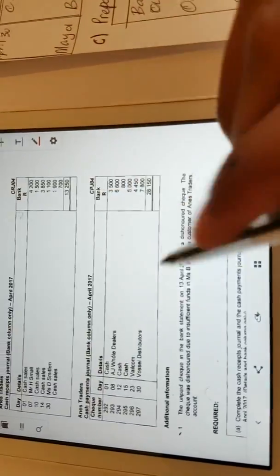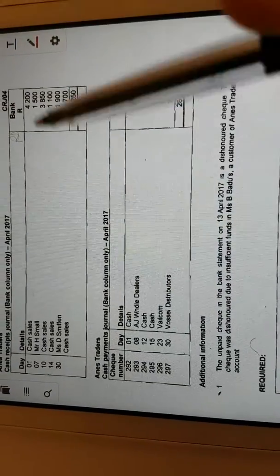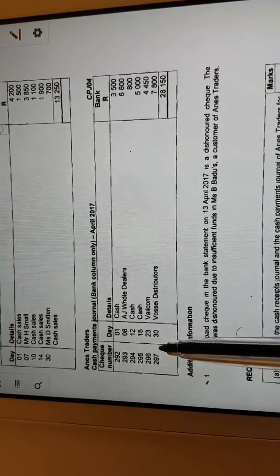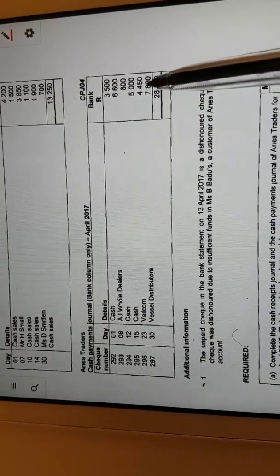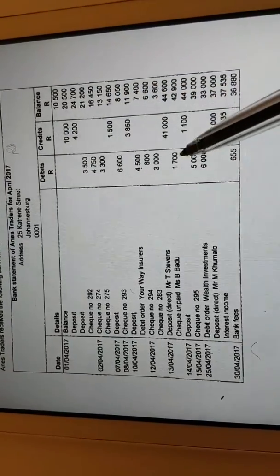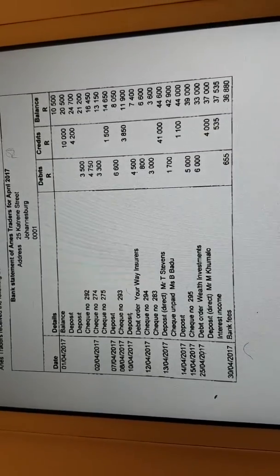We go to the cash payment journal. If you look at check numbers 296 and 297 for 4,450 and 7,800, they are not here on the debit side of the bank statement, so we need to adjust for them because they are outstanding.